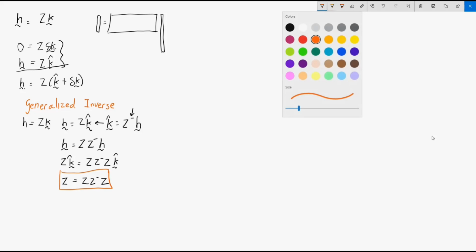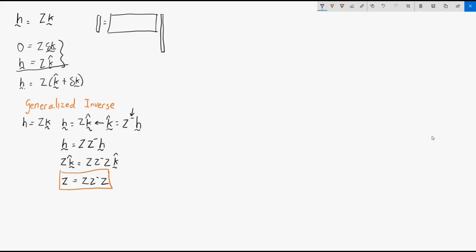Now, contrast this with the definition provided in another video for the inverse of a square matrix. If a matrix is square, it may or may not have an inverse, and we denoted that inverse as A to the negative 1, the inverse of A. And the mathematical definition of the inverse of a square matrix is this.